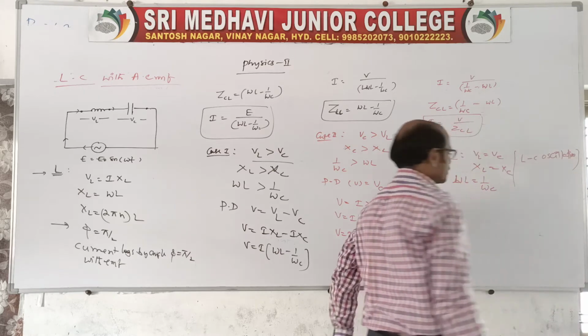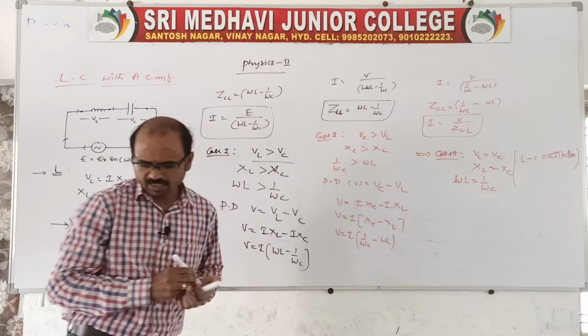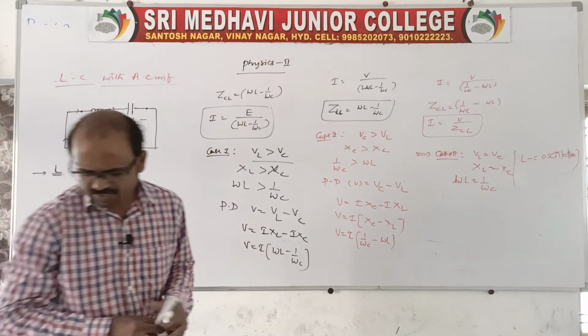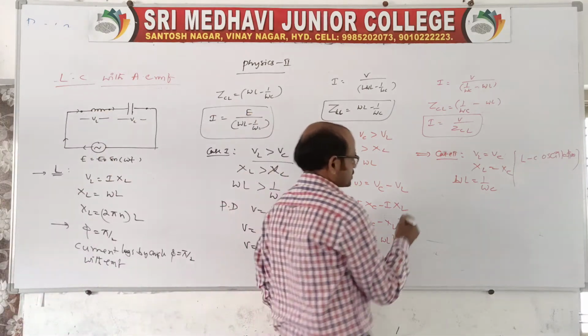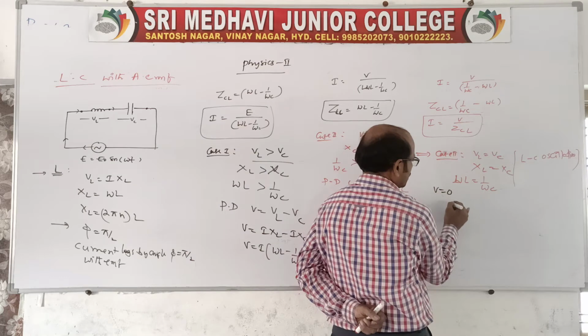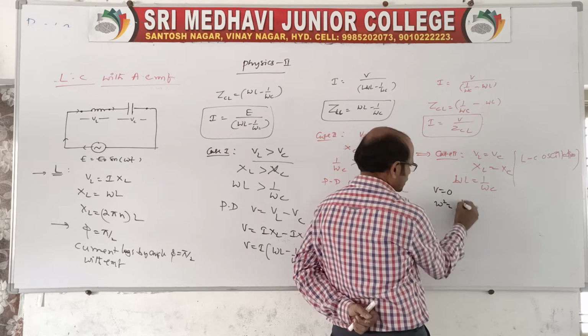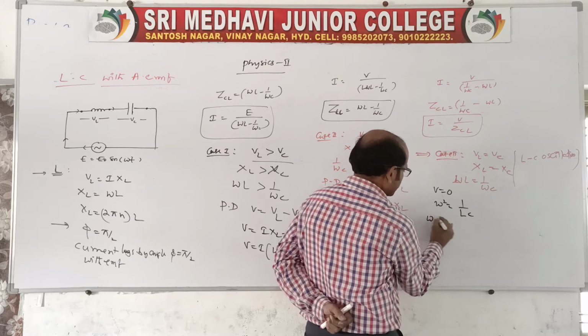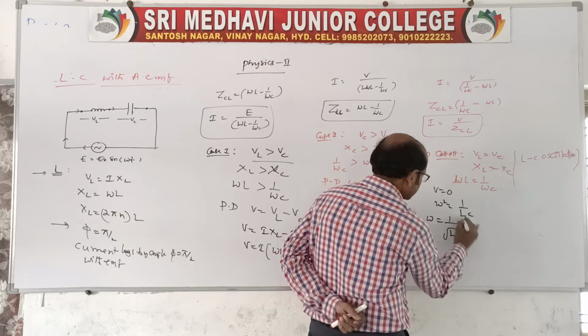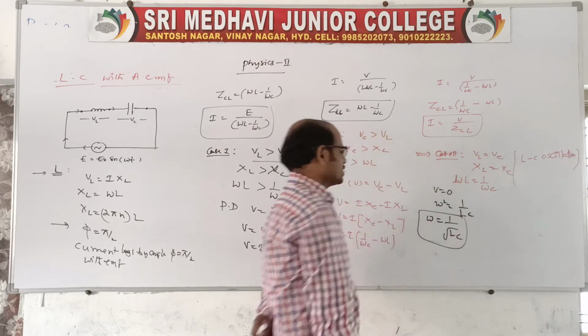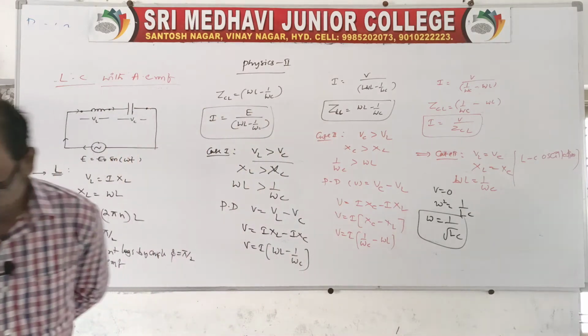Here we need to find the ω value, because they are equal. In this case the resultant is 0. So ω square is equal to 1 by LC, cross multiplying. ω is equal to 1 by root LC. This is the angular frequency. Clear?